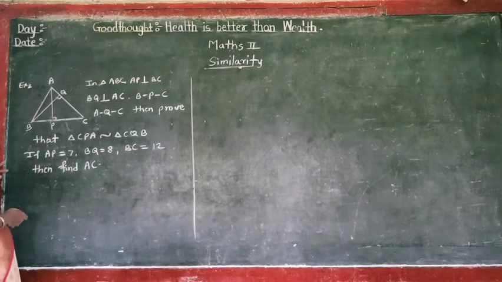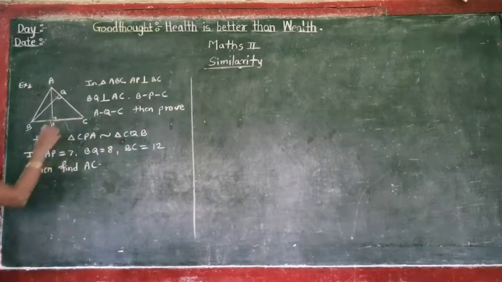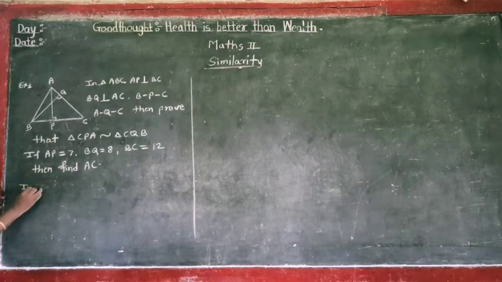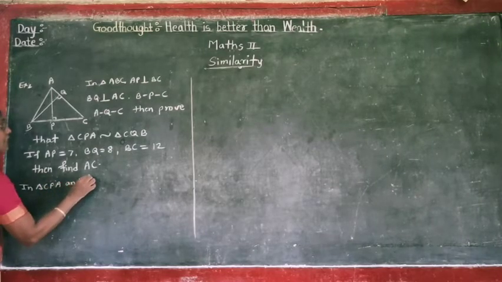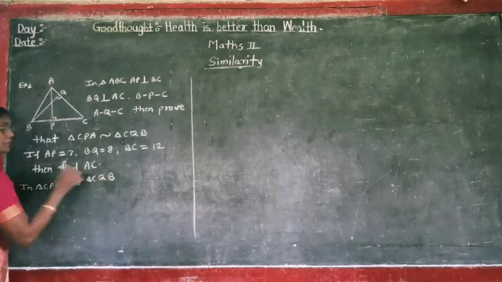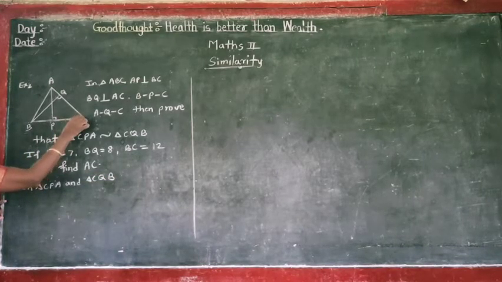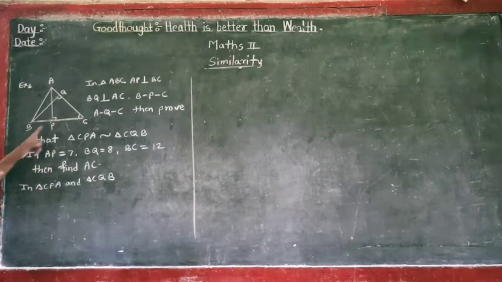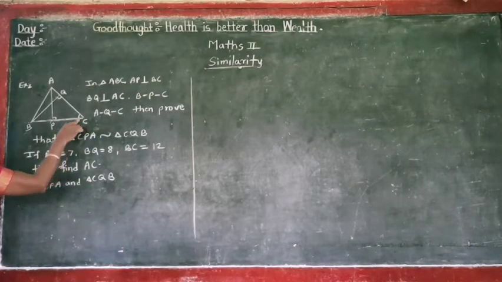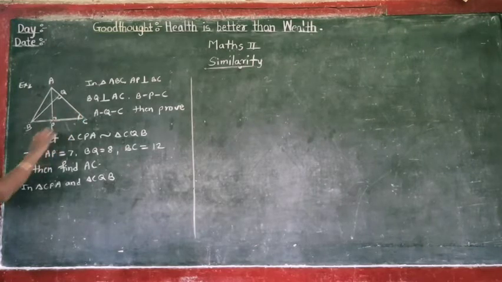Now we have to prove first that triangle CPA is similar with triangle CQB. In triangle CPA and triangle CQB, angle C is an angle of triangle CPA, and also angle C is an angle of triangle CQB. That means angle C is the common angle between these two triangles.